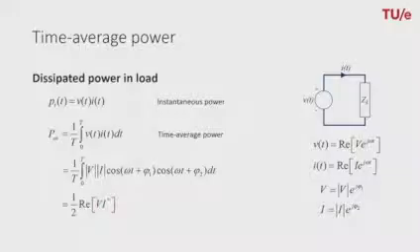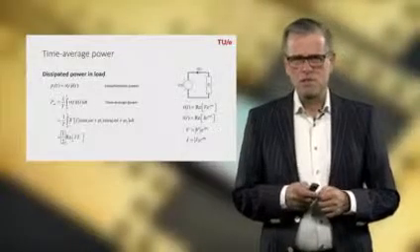And since we average over one period, a factor half appears, and this is very important. It's also often neglected by students who only consider the complex power. So take a note of this, and we will use this time average power quite often in this course.